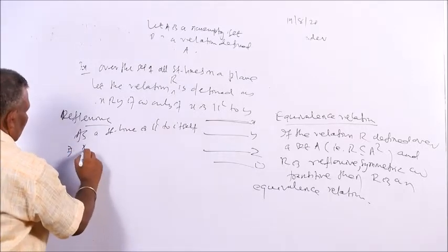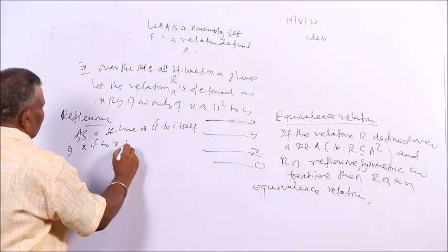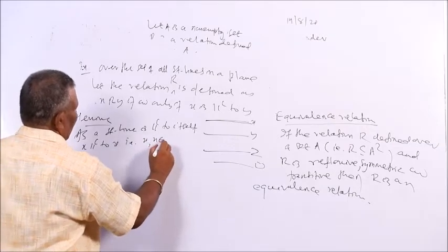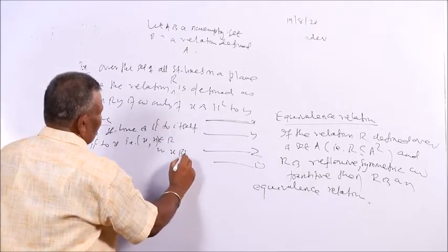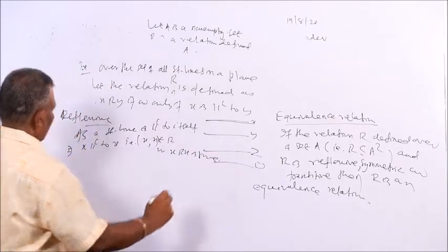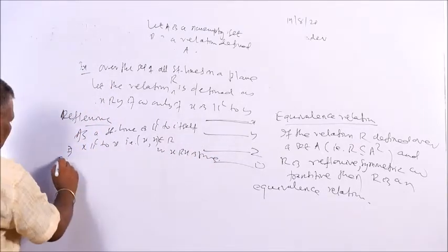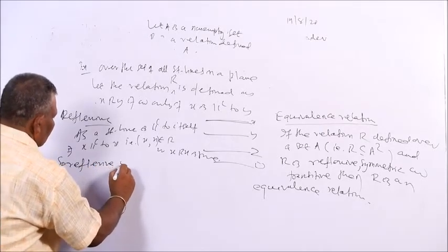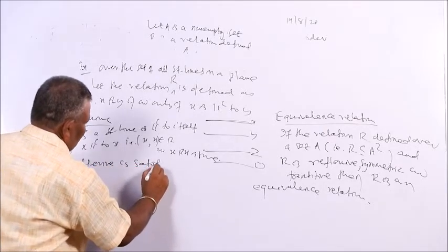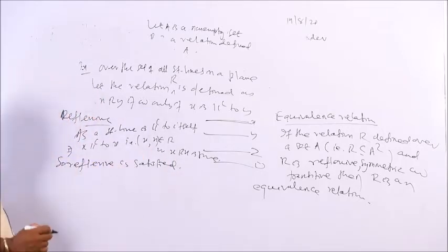So x is parallel to x, that is, the ordered pair (x, x) belongs to R, or x related to x is true. So the reflexive property is satisfied. Then we come to the symmetric property.